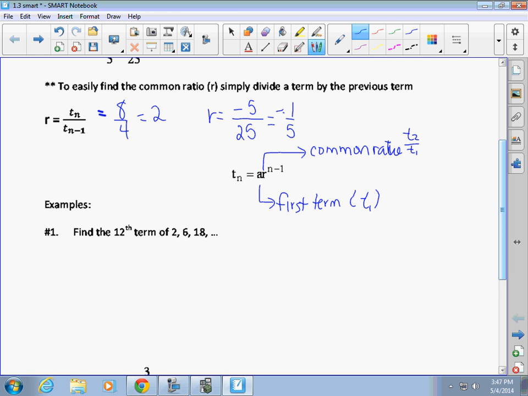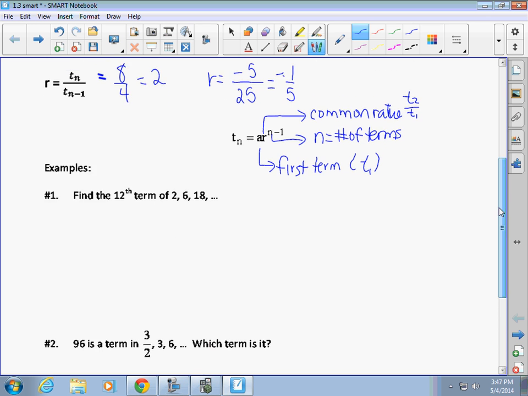Your n is the number of terms. So nothing different except for that r from your arithmetic sequence one.